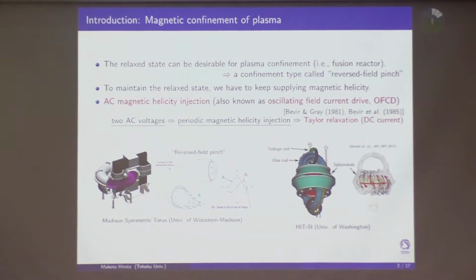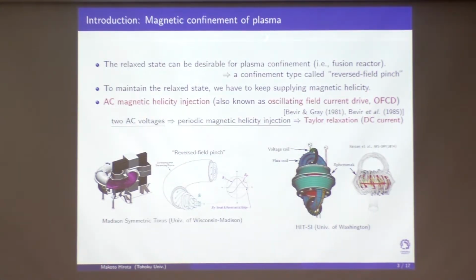And of course, this relaxation theory is important for magnetic confinement of plasma. This relaxed state can be desirable for plasma confinement for the purpose of a nuclear fusion reactor. And as you can imagine, this relaxed state is usually stable to perturbation. This confinement type is called reversed field pinch.